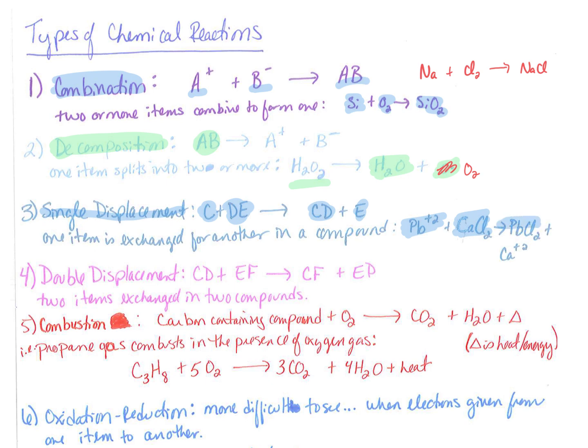So you end up with PbCl2, and the calcium goes away, or sort of goes off on its own. So that is a single displacement.